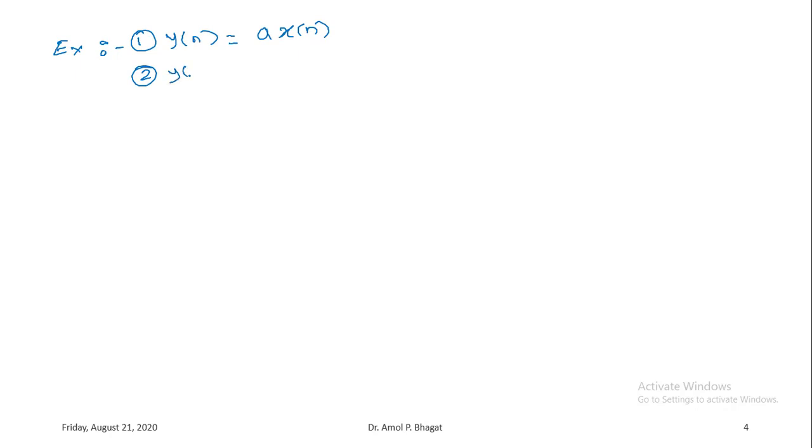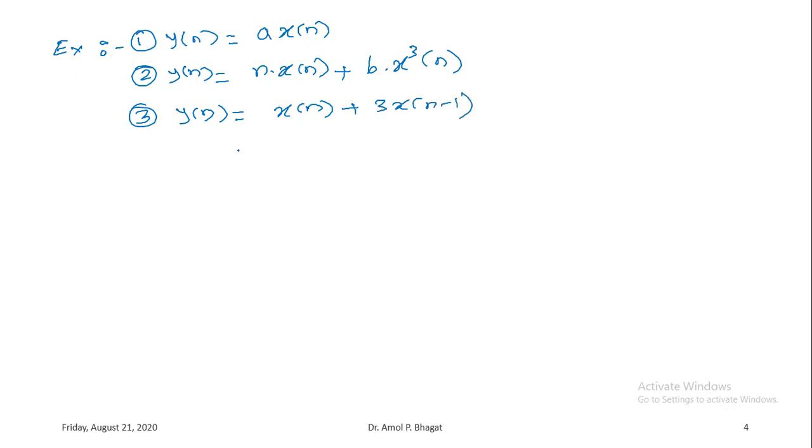The second one is y of n equals small n into x of n plus b into x cube of n. The third one is, for example, y of n equals x of n plus 3 x of n minus 1.